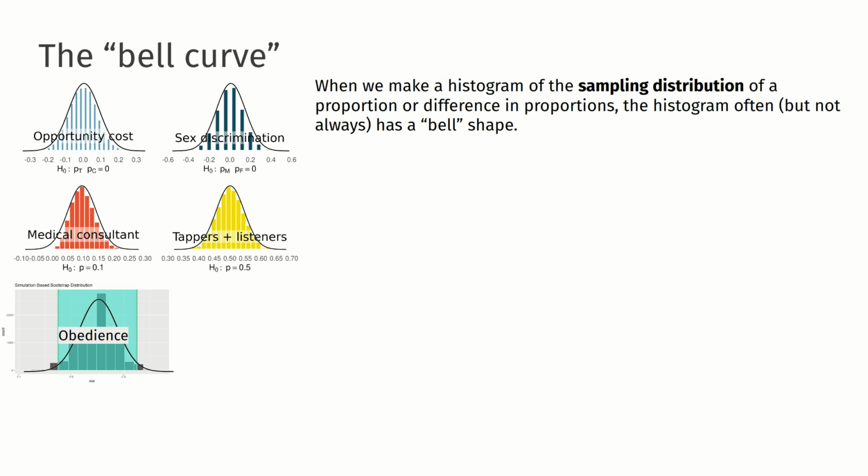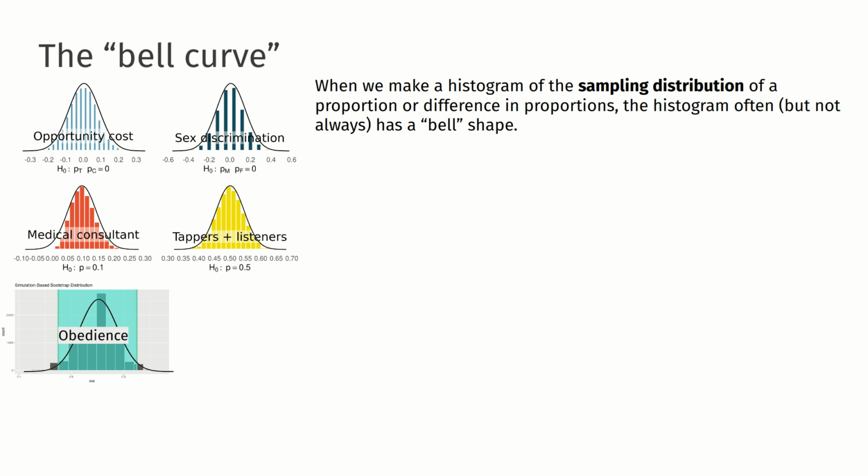And just to kind of situate ourselves, as a reminder, all of these are histograms that are called sampling distributions, because what they represent is the relative frequency with which different proportions or differences in proportions might have turned out under different assumptions.